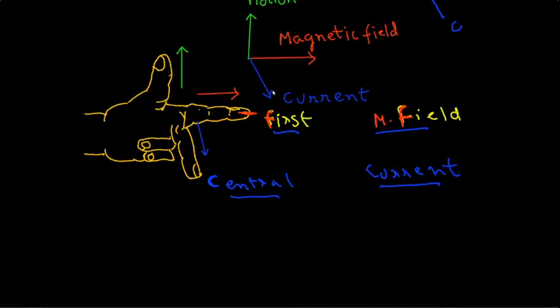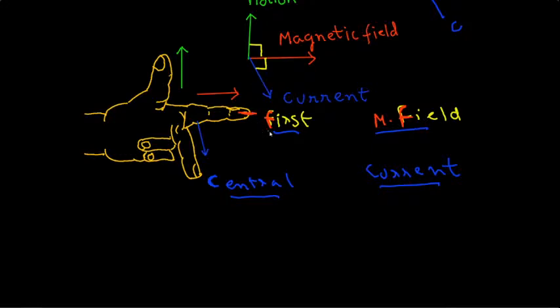I've drawn a diagram over here in different colors. The first finger is perpendicular to the thumb, and the central finger also is perpendicular to the first finger. So all three are mutually perpendicular to each other.